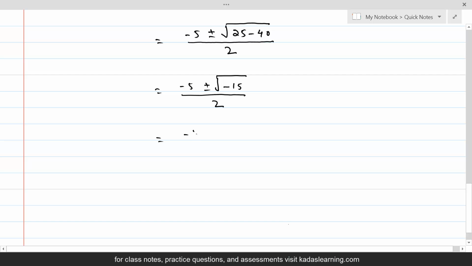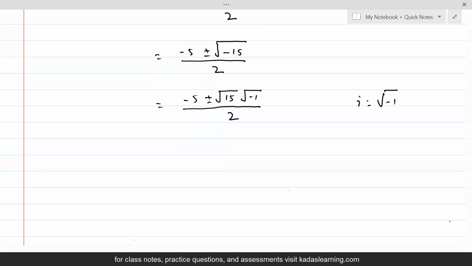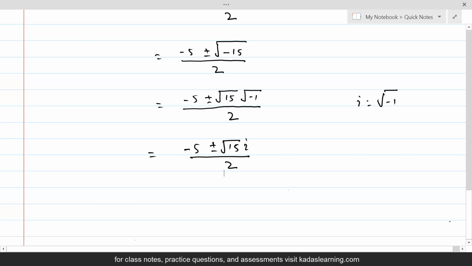This could be written as square root of 15 times square root of minus 1. Square root of minus 1 is equal to iota, which is a complex number. It's not a real number. Therefore, the solution for this part is minus 5 plus minus square root 15 iota, divided by 2.